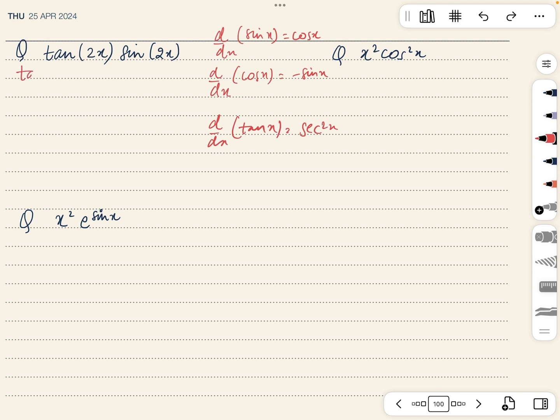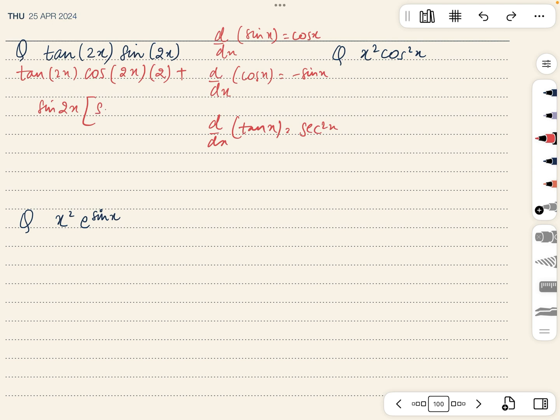Now let's keep tan x as it is. So tan of 2x as it is. Differentiation of sine 2x is cos 2x, but you also should know that you have to differentiate 2x also. So times 2. Then plus sine 2x as it is. Differentiate the tan 2x.